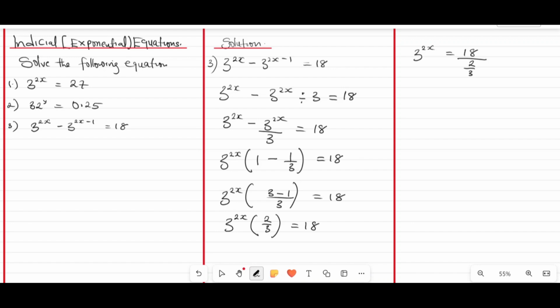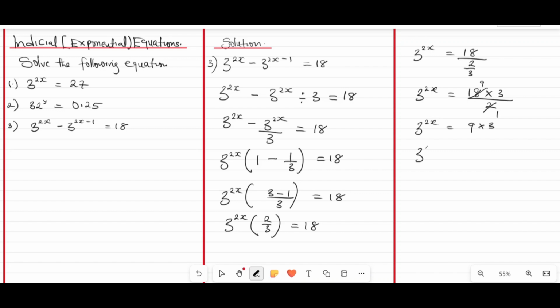Mathematically, this can be written as 3 raised to the power 2x equal to 18 times 3 divided by 2. So 2 into 2 is 1, 2 into 18 is 9. And I have 3 raised to the power 2x equal to 9 times 3. So 9 times 3 is 27.